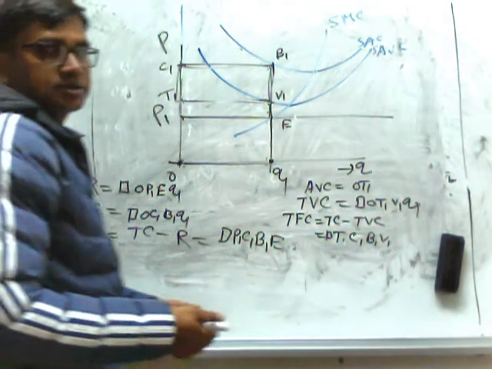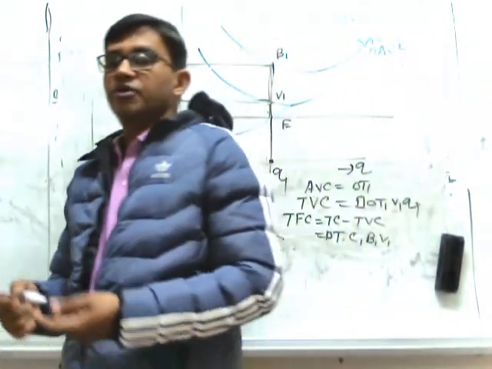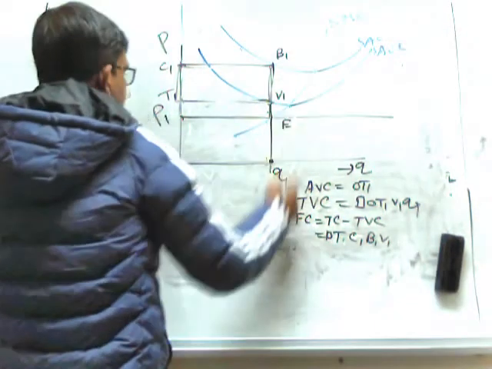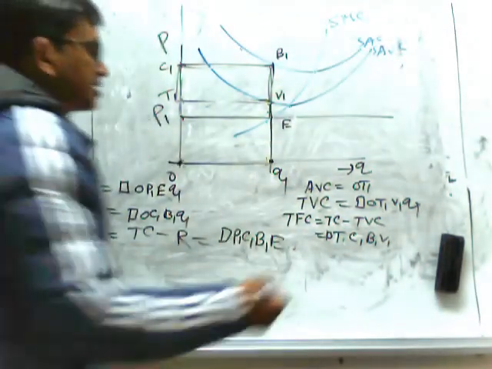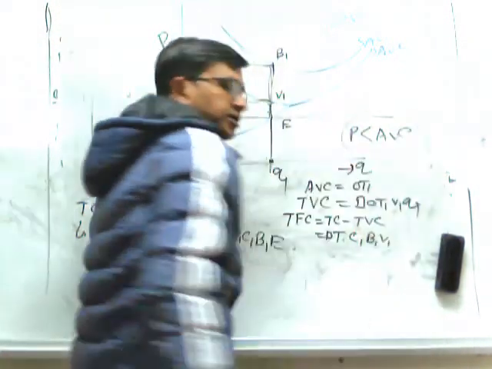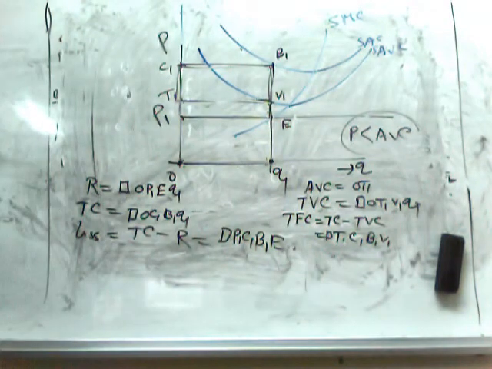So it will be a better strategy for the firm to leave the market for minimizing cost. Here price is less than average variable cost of production, so the firm cannot even recover its variable cost of production. So it will be better for the firm to leave the market.